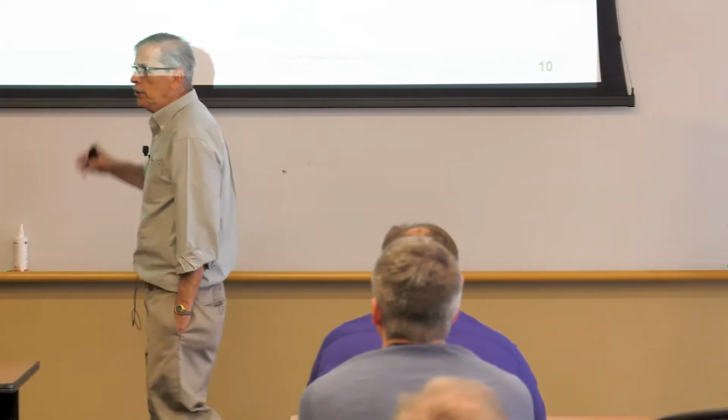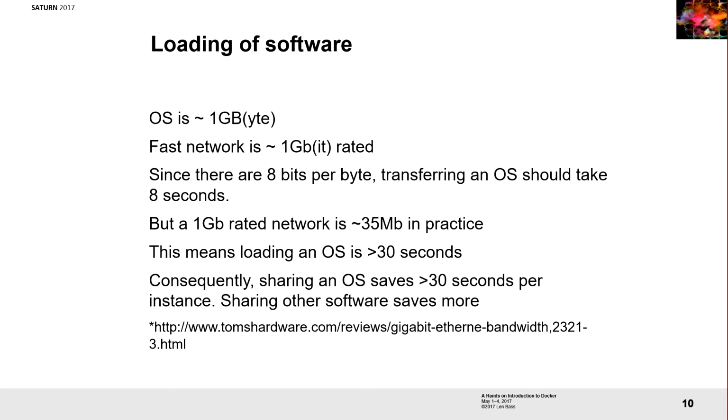Okay, so let's just look at some timing numbers. So first of all, capital G is either gigabyte or gigabit, depending on the context. And as we heard in the keynote, giga is a word that means something to people these days, but if you get any smaller, it doesn't. And so if you think about transferring things, a 1 gigabit network is actually around 35 megabits in practice, just because of network interference and network protocols and so on.